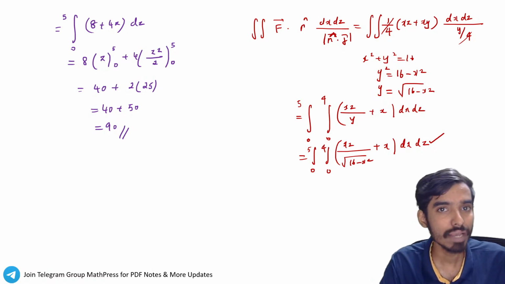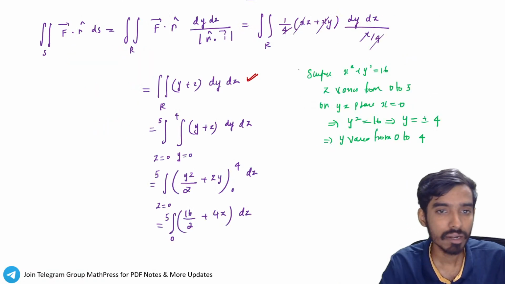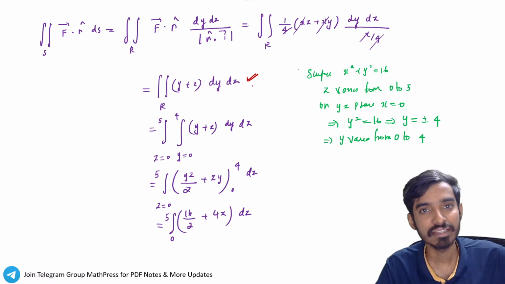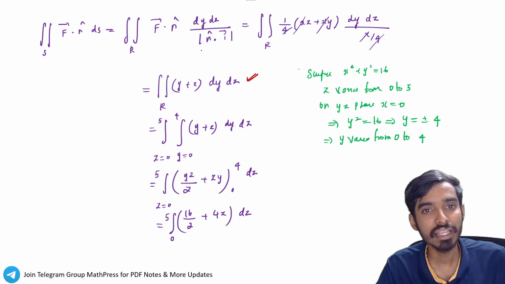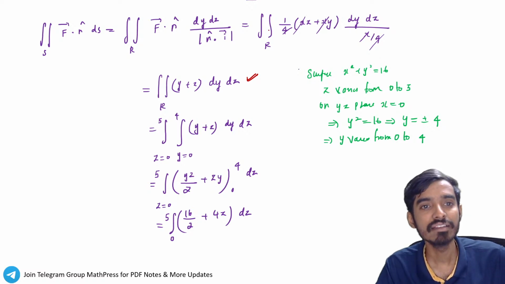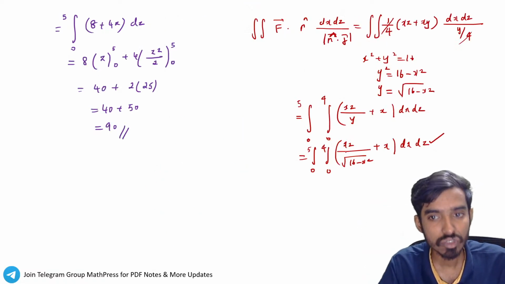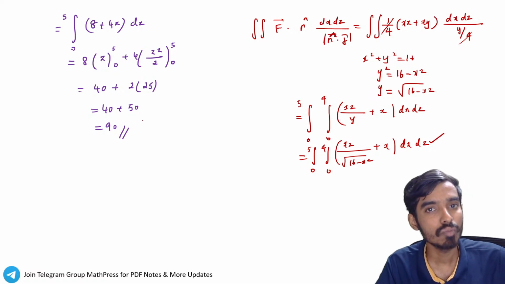You are going to get the same answer, but it will take a lot of time compared to integrating the double integral over R of y plus z dy dz, right? That's why I'm taking this projection, dy dz by n cap dot i, instead of n cap dot j. Is it clear? If you integrate this also, you're going to get the same answer, but compared to this, the other is very easy to perform. So I'm taking this.